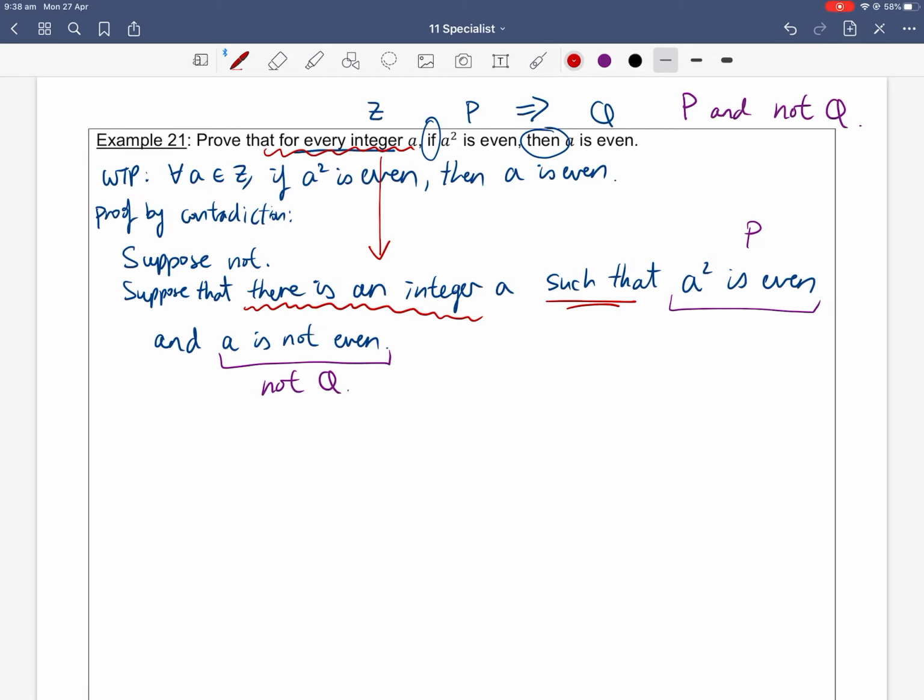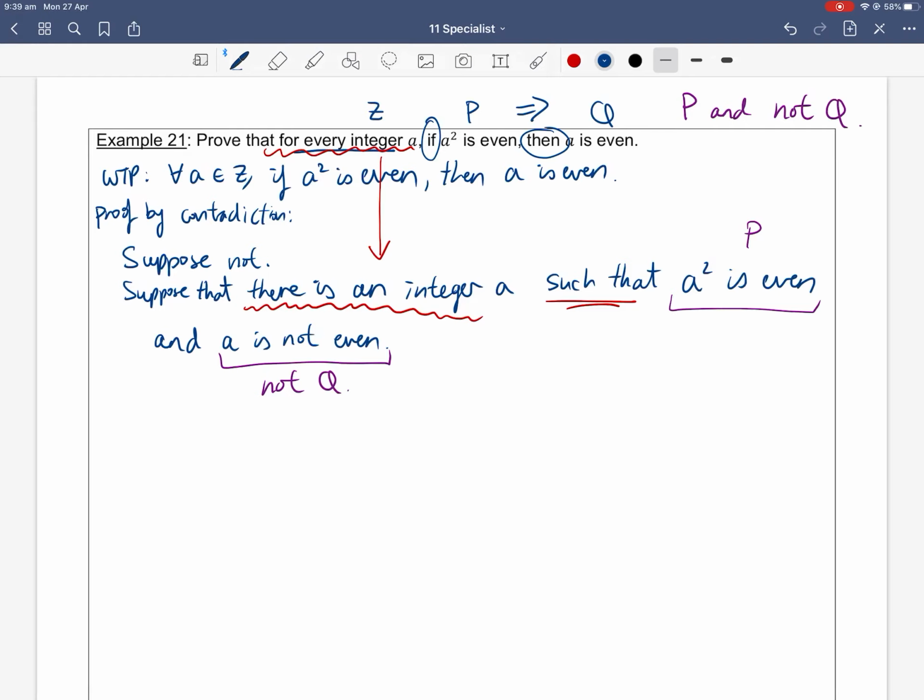So that's what you're assuming. We want to show that what we assumed at the start leads to a contradiction, so it can't be true. Whatever we assumed, P and not Q, cannot be true, which means our original statement must be true. Okay, so how do we do that?